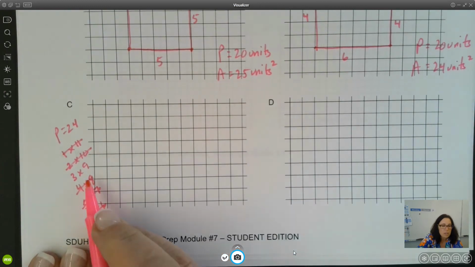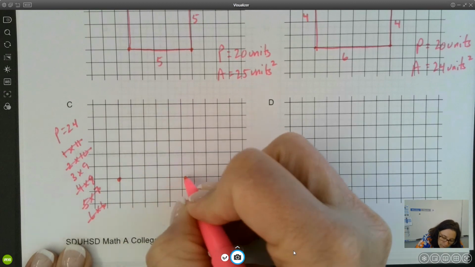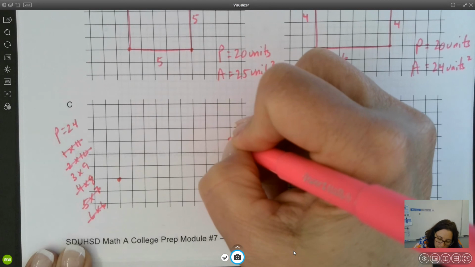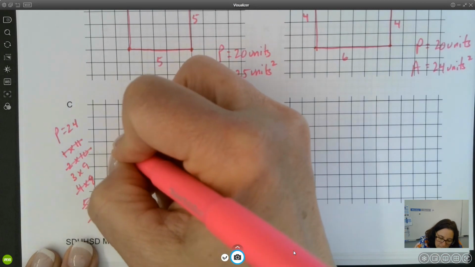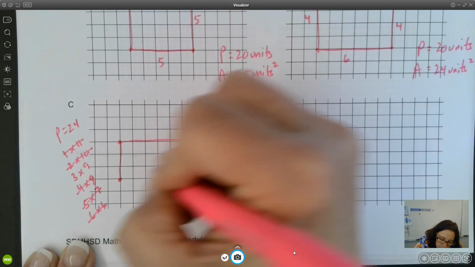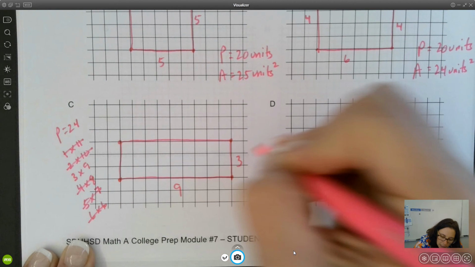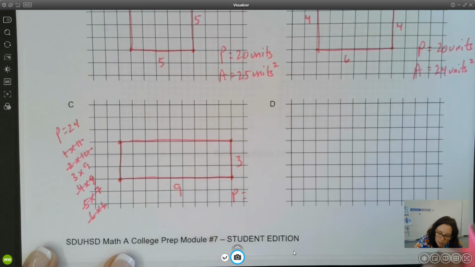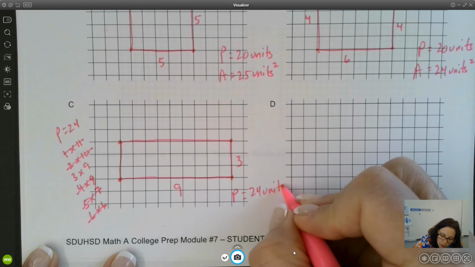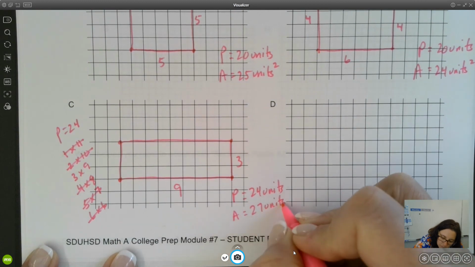So it's going to be a 3 by 9. 1, 2, 3, 4, 5, 6, 7, 8, 9. 9 by 3. The perimeter, we said, was 24 units, and the area is 27 units squared.